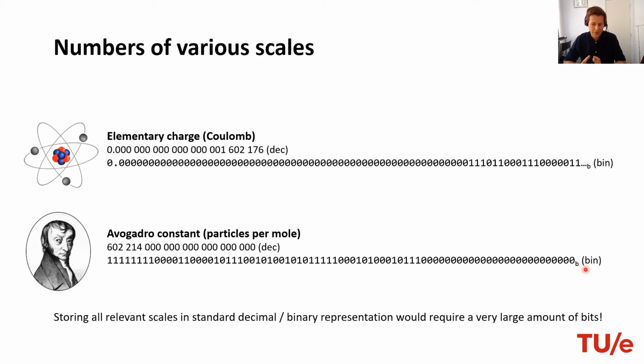We want to have the freedom to do this in our numerical simulations. So we want to both store very small numbers and very large numbers efficiently. However, the current representation, as on this slide, would mean that in order to store all these relevant scales in the standard representation, this would require a huge amount of bits or a very large amount of computer memory in the end. So something else has to be used here.